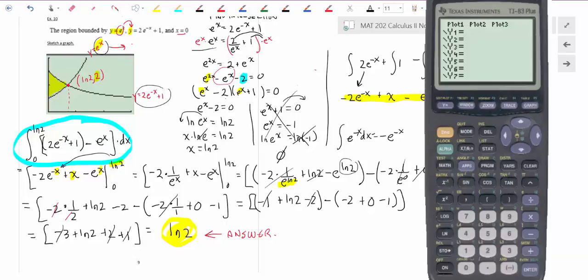Don't make two graphs, just graph the function that's represented by the integral. So you'd say 2e to the negative x, plus 1, and then minus e to the x.